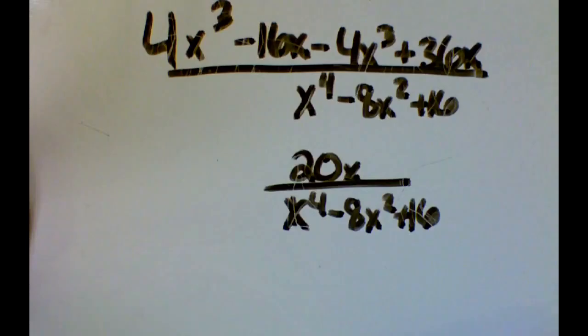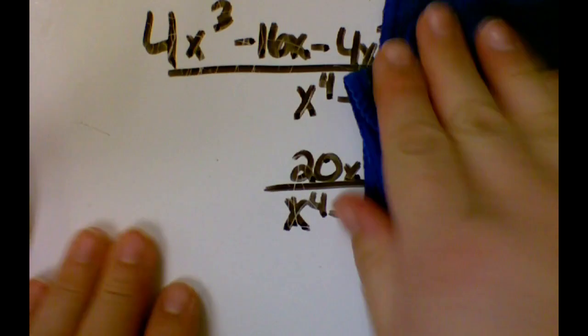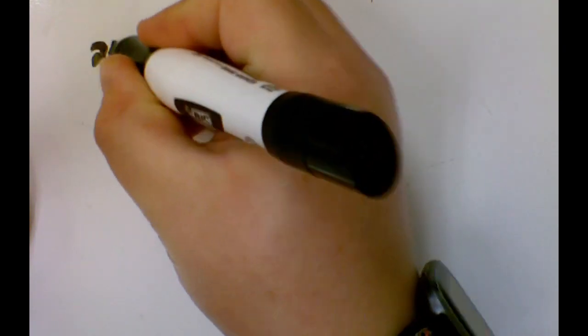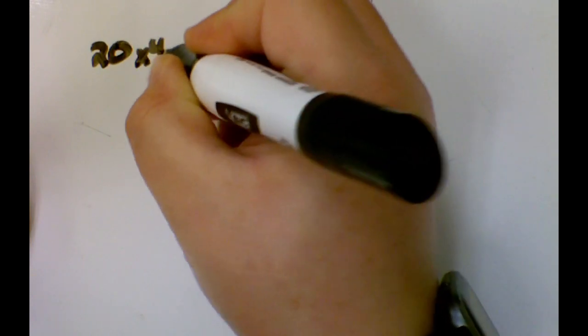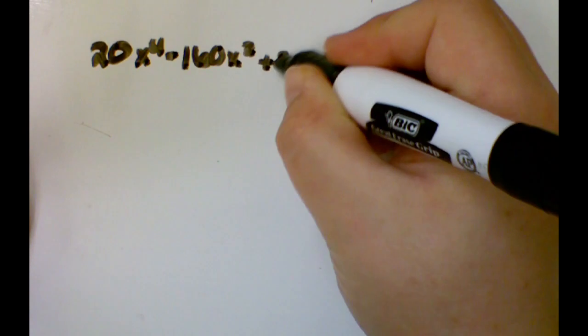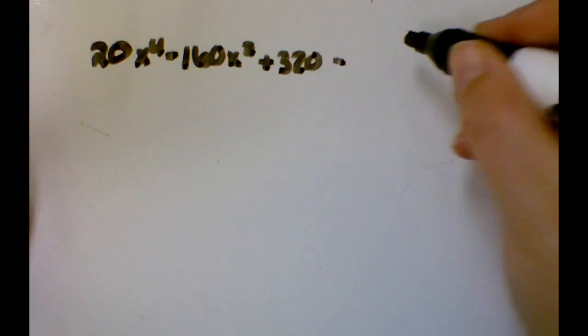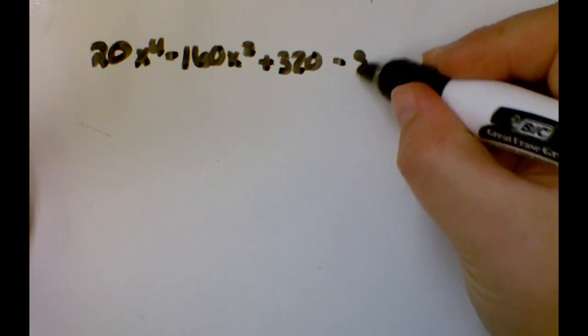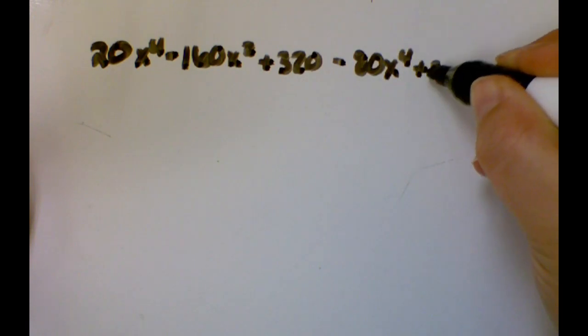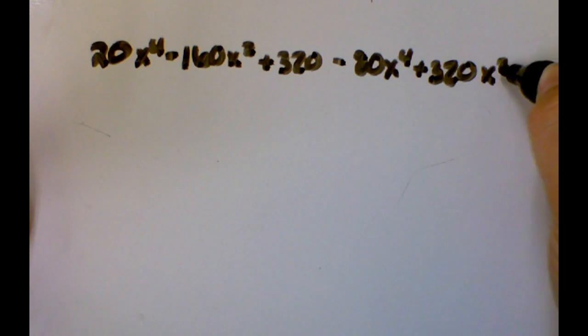Now I'm going to use my dry erase board here behind the paper to simplify that. I'm going to distribute that 20, so I get 20x to the fourth power minus 160x squared plus 320. And multiply here, I get negative 80x to the fourth power plus 320x squared.